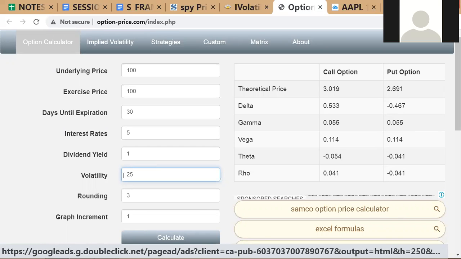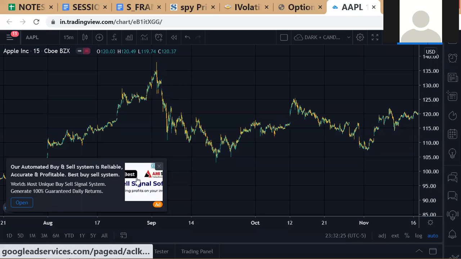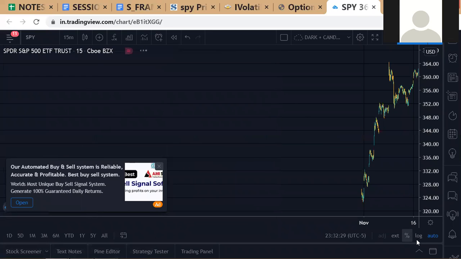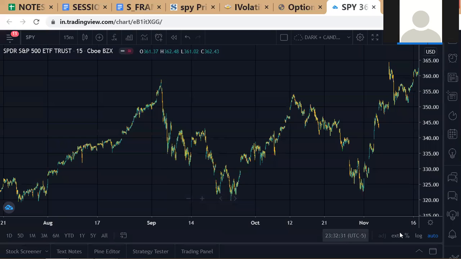What do you think, in percentage terms, will be the one standard deviation price change over 1 year for this time series? Let's make this SPY. Now we are discussing SPY, not Apple. You are already familiar with the idea of standard deviation from your stats classes.